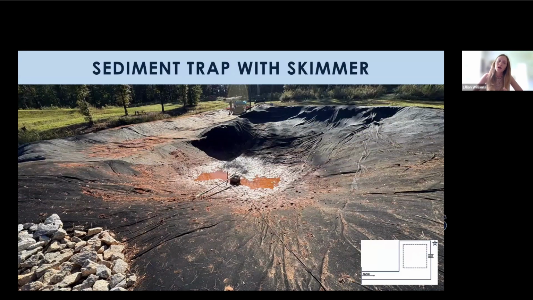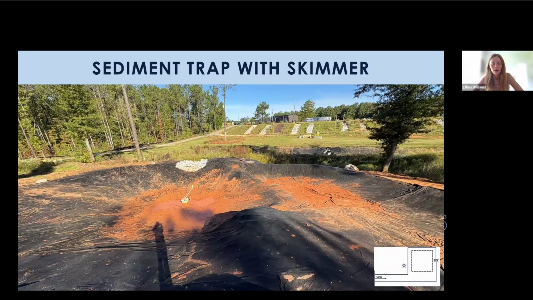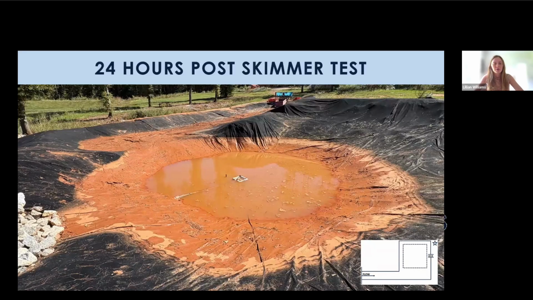So the skimmer was the third installation that we tested, and this allowed dewatering throughout. This was two different angles. We sized it for the basin itself, and after 24 hours, this was probably more around 30 hours when I took this picture, you see that the skimmer had already restored that storage volume, so if any other storm came by, it would be able to hold the volume for that storm rather than just letting it continue on, since it was still holding like the standard did.